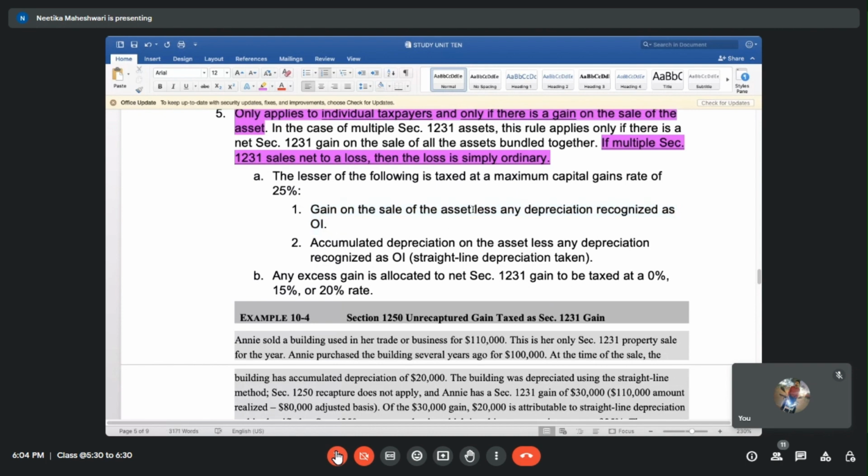If there is no depreciation recognized as ordinary income, we just take the gain on the sale of the asset. We take the lesser of these two, and the maximum rate they need to pay is 25%.